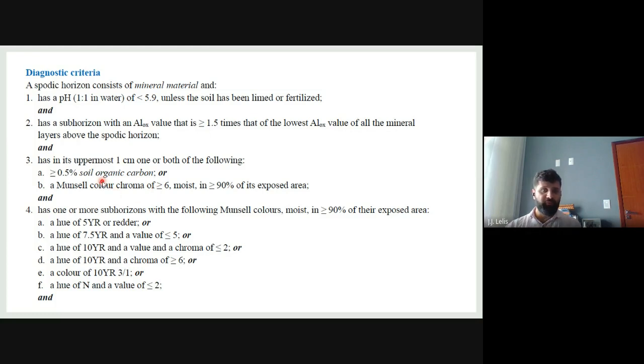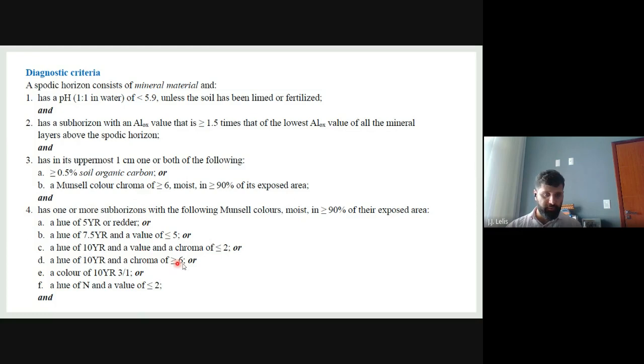And if one of the subhorizons presents at least one of these colors: a hue of 5YR, or rather a hue of 7.5YR and a value equal or below 5; a hue of 10YR and a value and a chroma equal or below 2; a hue of 10YR and a chroma equal or higher than 6.